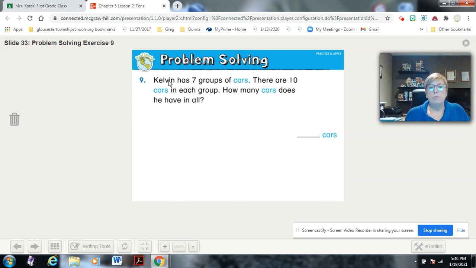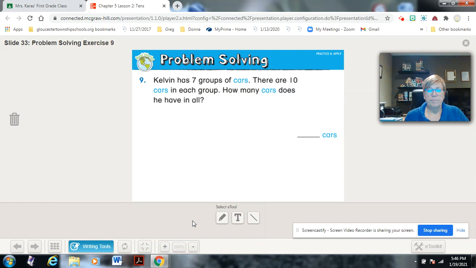Now, Kelvin has 7 groups of cars, and there are 10 cars in each group. How many cars does he have in all? Now, it would take a lot to put 7 separate groups that have 10 in each one, right? It would take a lot to draw. So what I like to do is I like to just say, I'm going to draw a rod.